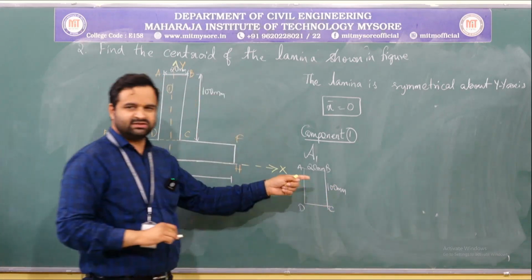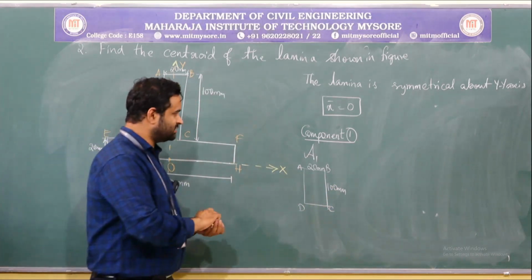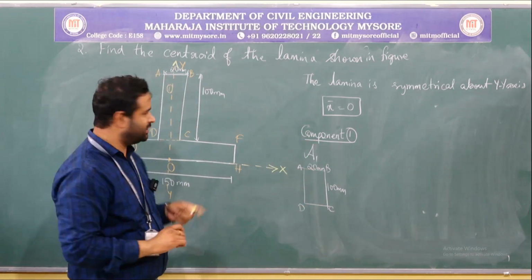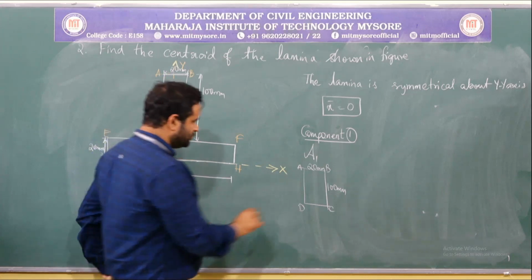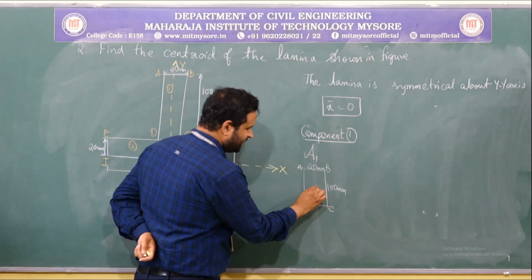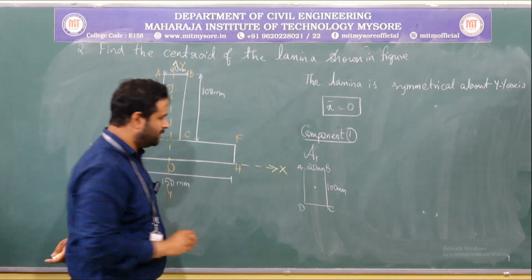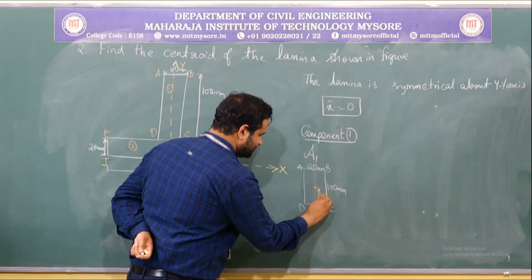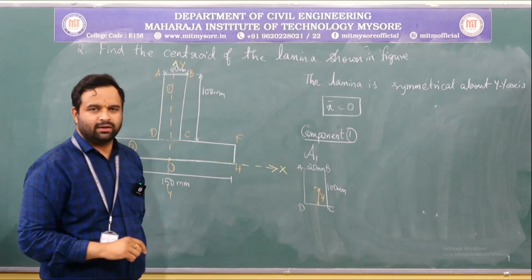And where does this centroid lie? Here, since we have taken the origin exactly at the center, there is no need to write the x value, only plot or write the y value, that is the centroid of this particular rectangle.